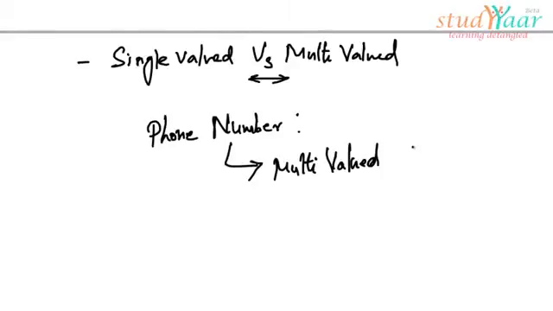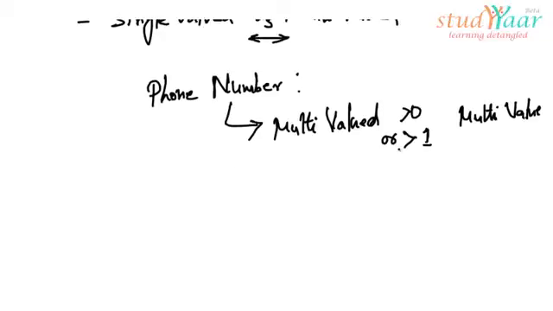It can be more than 0 or more than 1. In both the cases, it is called multi-valued. It may happen that it doesn't have any value at all. There may be some person who lives on the street who doesn't even have a landline number, let alone a mobile number, right? So we're talking about greater than or equal to 0.